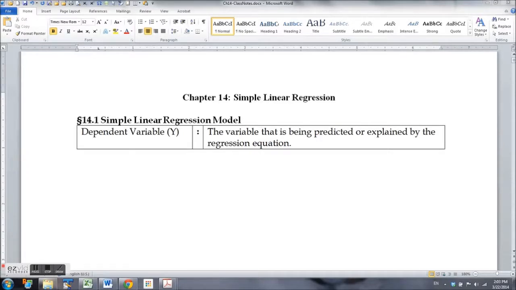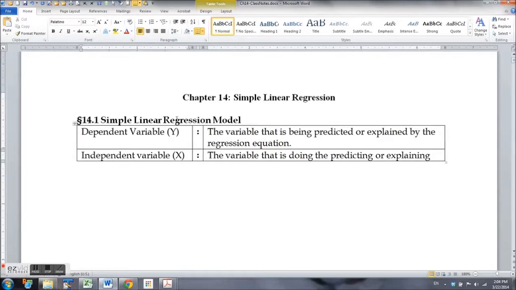Simple linear regression is about a variable called the dependent variable, and we use the notation y. The dependent variable is the variable whose value we want to predict using what is called a regression equation.